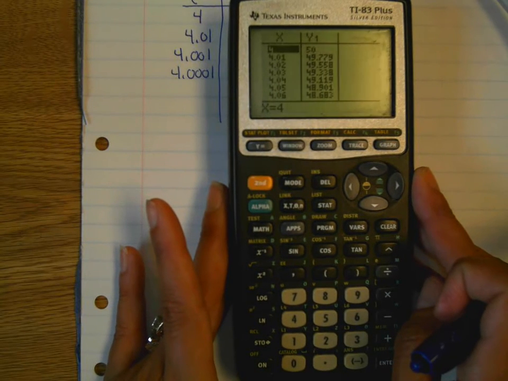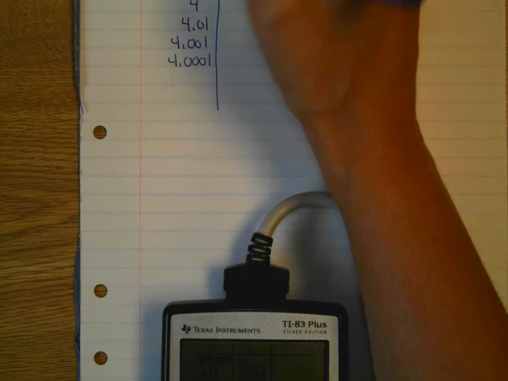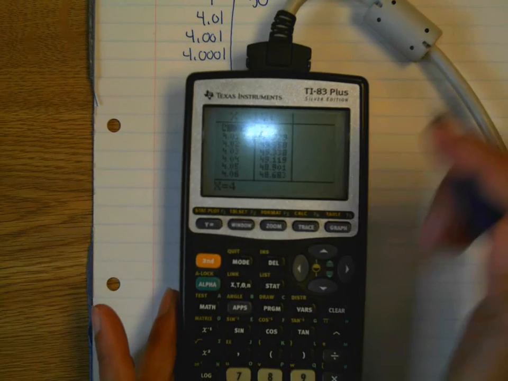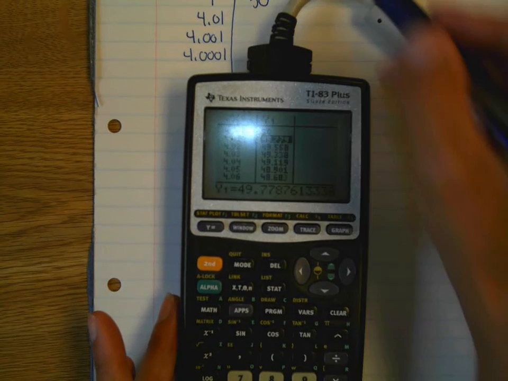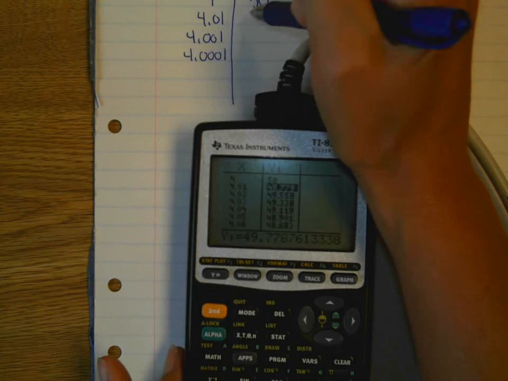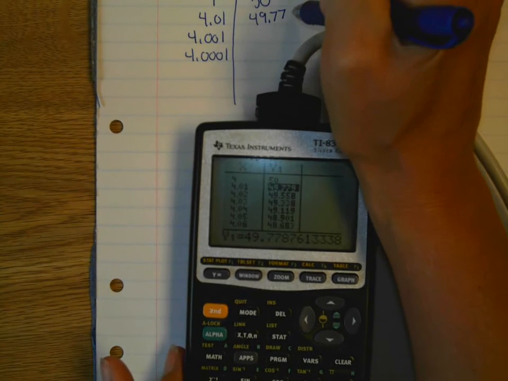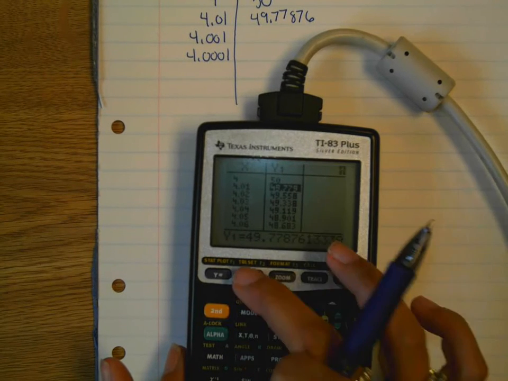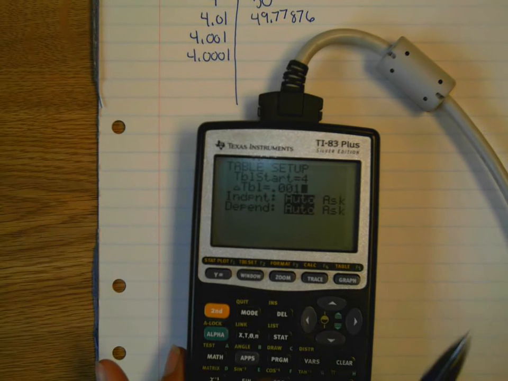So at 4 seconds, the degree of the opening is 50 degrees. Then at 4.01, again, go out about 5 places, 49.77876. Back to table set. I'll change that increment to 0.001.